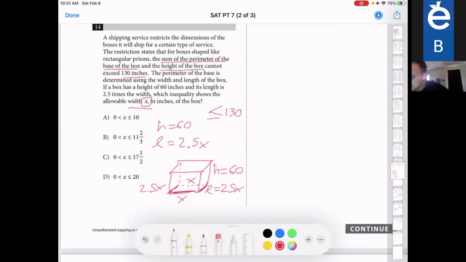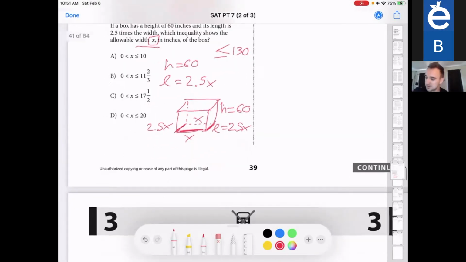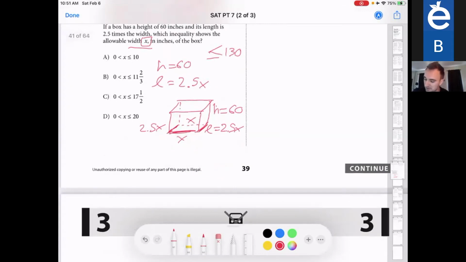So the question tells us that the perimeter of the base is determined using the width and length of the box. In the previous sentence, they say the sum of the perimeter of the base of the box and the height of the box. So the perimeter of the base plus the height cannot be over 130 inches. So what's the perimeter of this square here at the bottom that's making up the base of our rectangular prism? Well, we just need to add the sides up together, right?